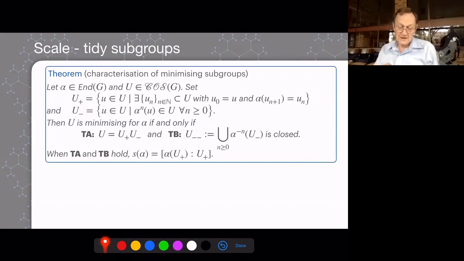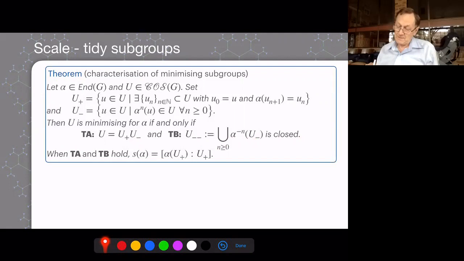And then it turns out that U is minimizing if and only if two conditions are satisfied. The first is that U should be the product of U plus and U minus. And the second is that U double minus, which is defined to be this union, that union is closed. Now, the inverse image of a group is a group.